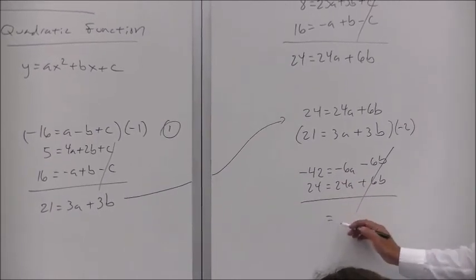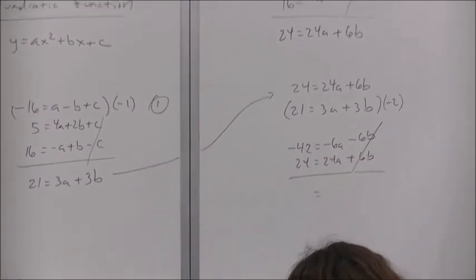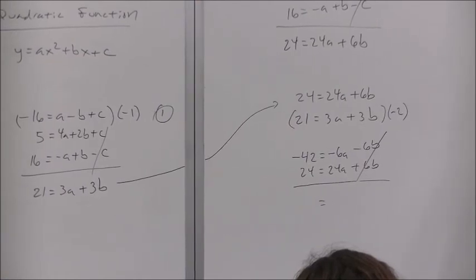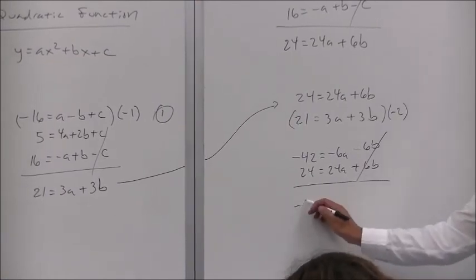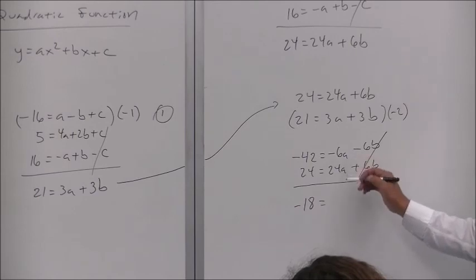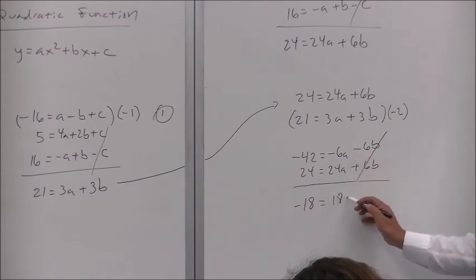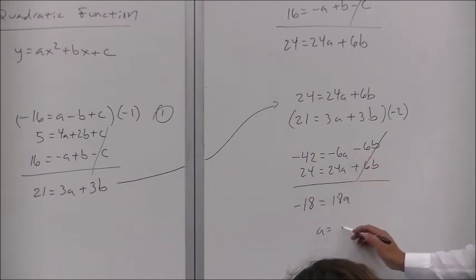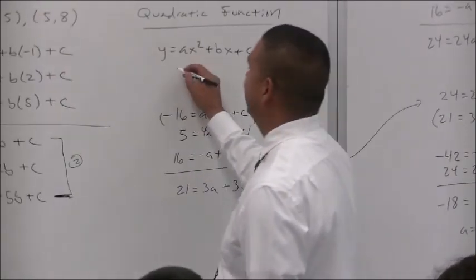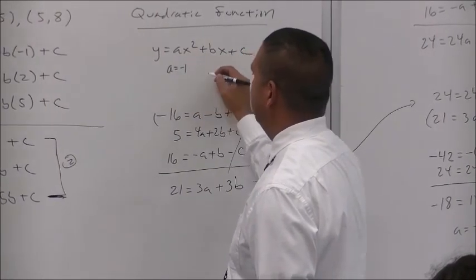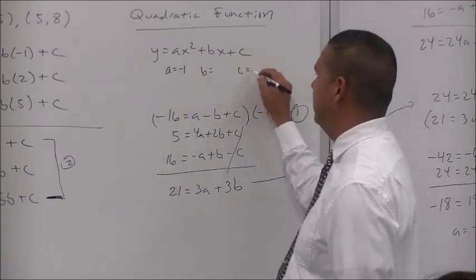Subtract those. 24 minus 42, negative 18, equals 18a. So A is? Negative 1. Negative 1. All right. Progress. Now we just need to find B and we need to find C.